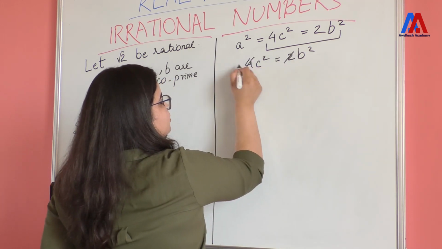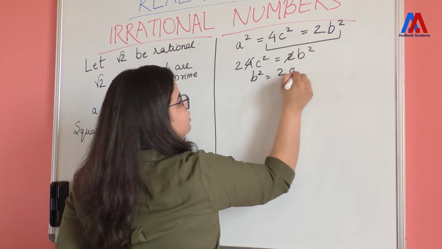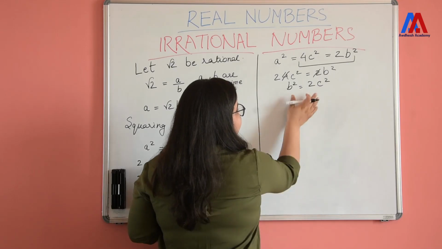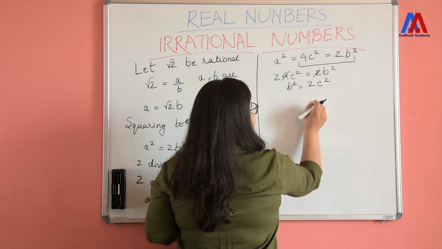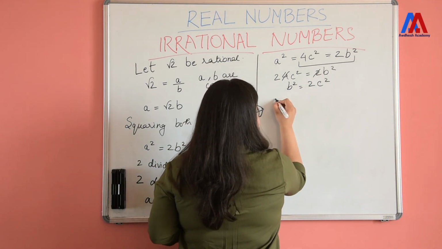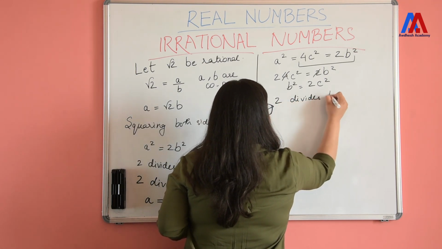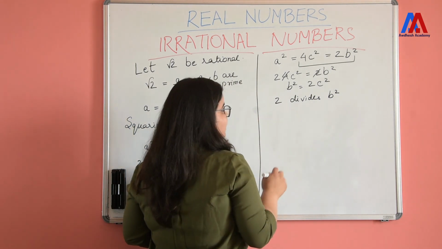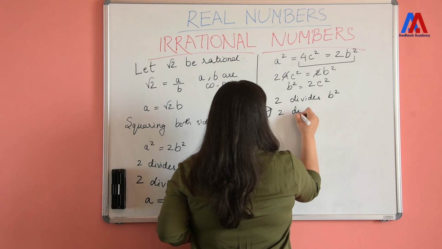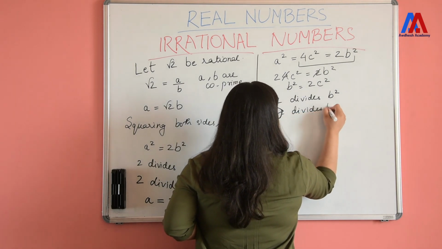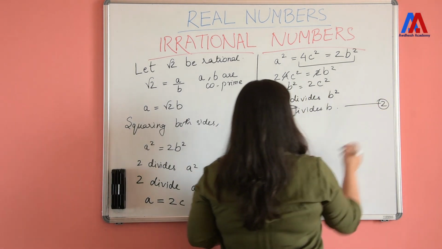We can cancel the 2 and we get b square is equal to 2c square. Now, here we see that b square is 2 into something, that means we can say that 2 divides b square. Now, again using that theorem, we can say that 2 divides b as well.